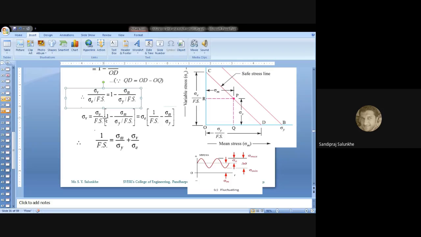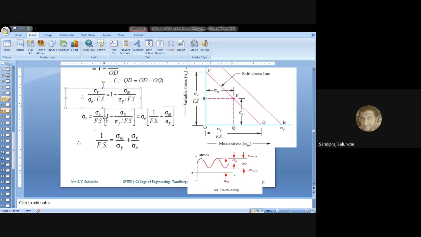Only in mathematics, when we solve a problem, you keep in mind that these two values are the same. If the problem statement mentions that the factor of safety for the variable stress and the factor of safety for the mean stress is the same, then we can write it here as common. If the statement mentions that the factor of safety for the variable stress is 3 and for the mean stress is 2, then those values we have to put here.